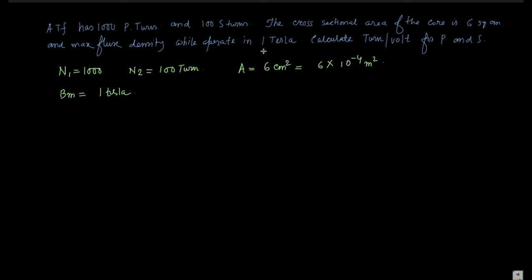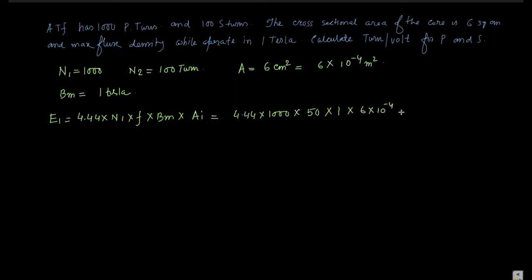As it is Tesla, you convert the centimeter square into meter square. So what is E1? 4.44 into N1 into F into Bm into A, that is 4.44 into 1000 into 50 hertz frequency into 1 Tesla into 6 into 10 to the power minus 4. According to that you can calculate E2.